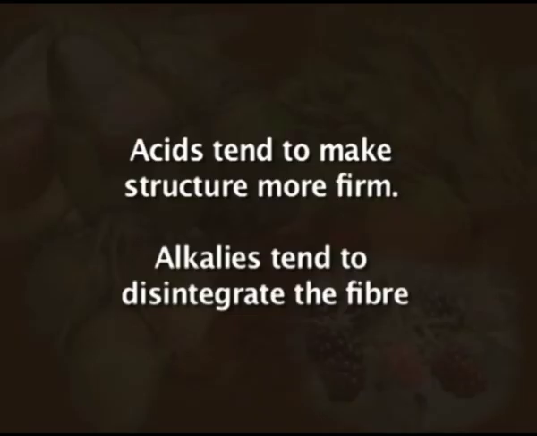Now as protopectin turns into pectic acid, the fruit becomes softer and the tissues disintegrate. Now acids make the structure more firm, whereas alkalis tend to disintegrate the fibers.